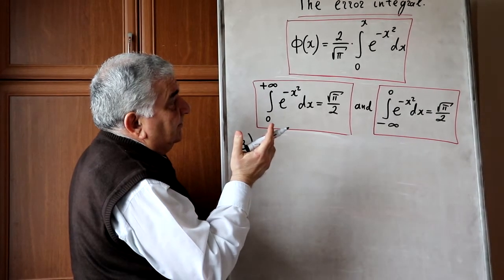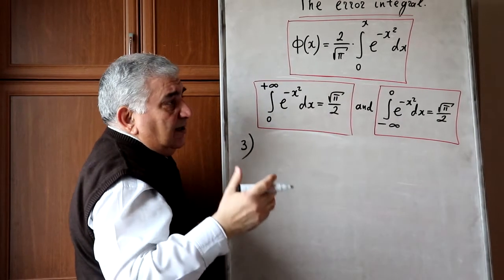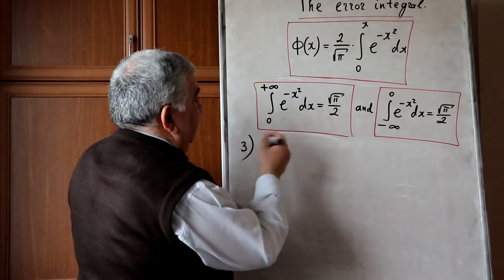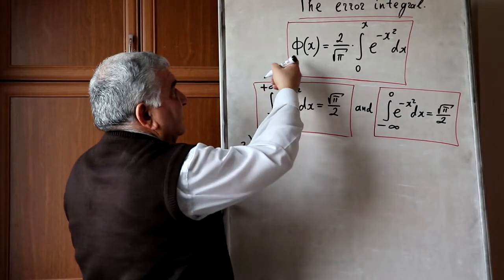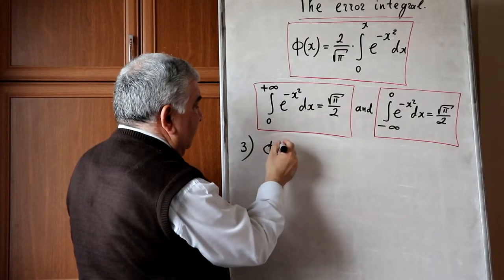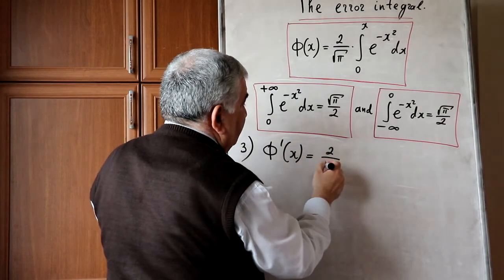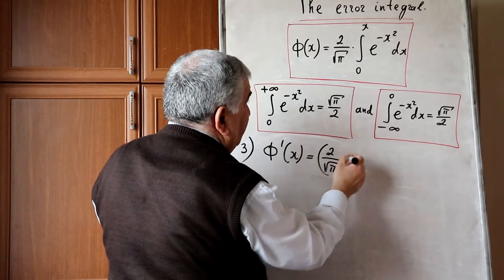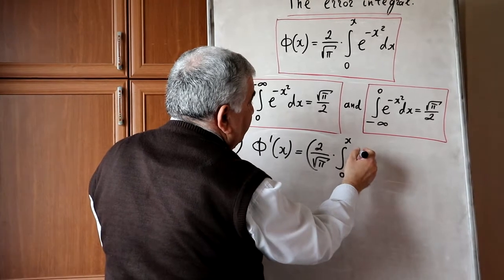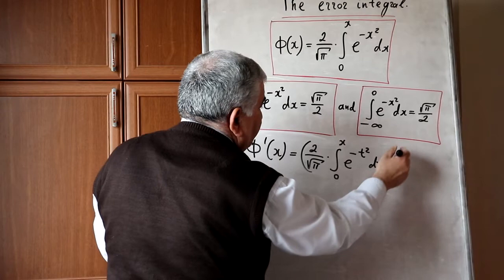Investigate this function, the error integral, for increase, decrease, for monotony. For this, find the derivative of the given function, phi capital prime of x equals 2 over square root of pi multiplied by integral from 0 to x of e to minus t squared dt prime.